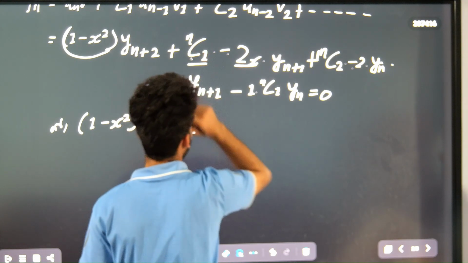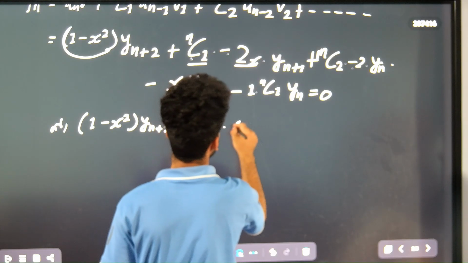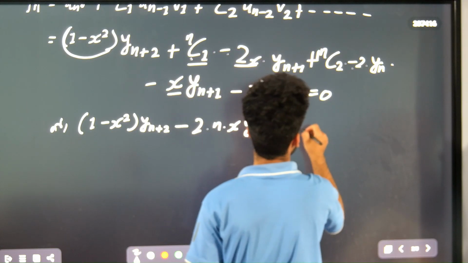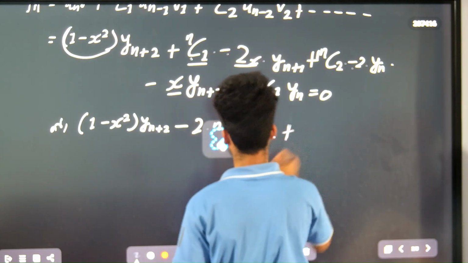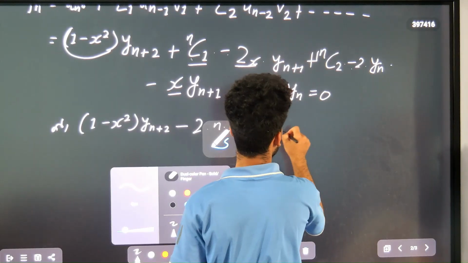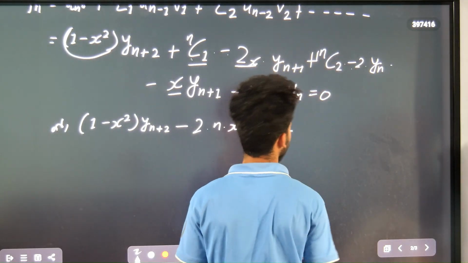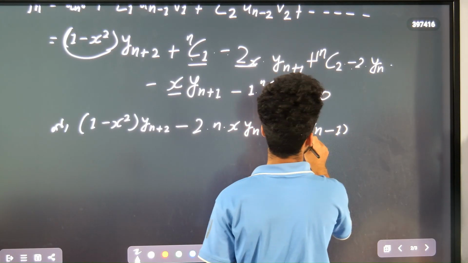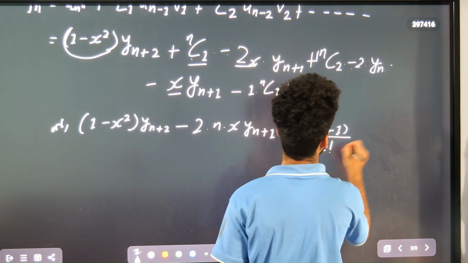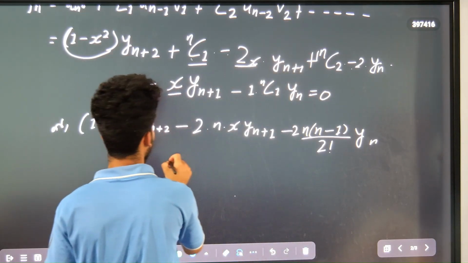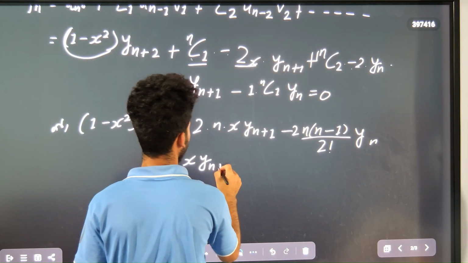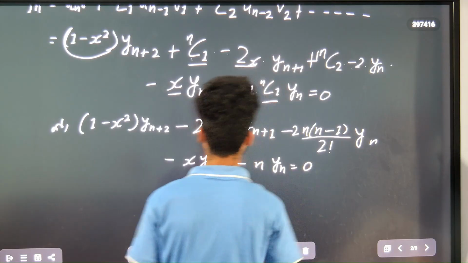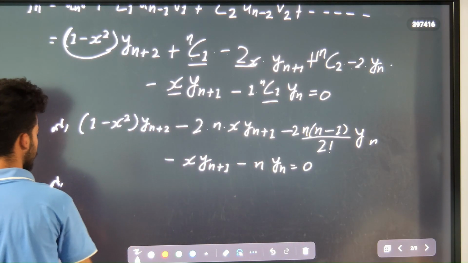The value of nC1 is n, x yn plus 1, plus, this term also becomes minus, so minus, the value of this nC2 is n into n minus 1 divided by 2 factorial, yn, minus x yn plus 1, minus, the value of this is n, yn equals 0.